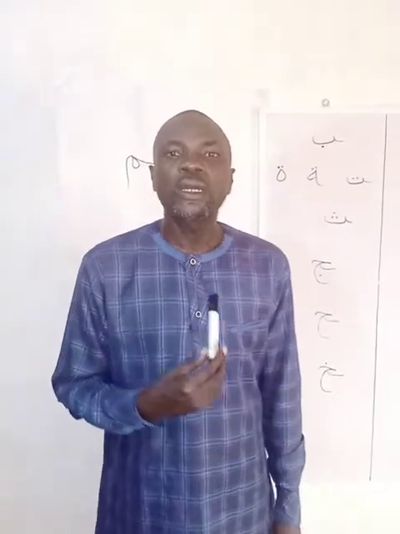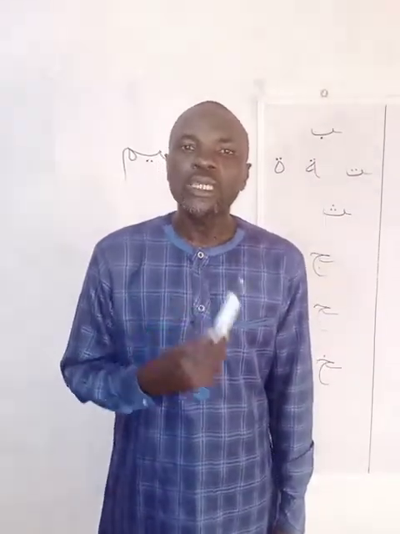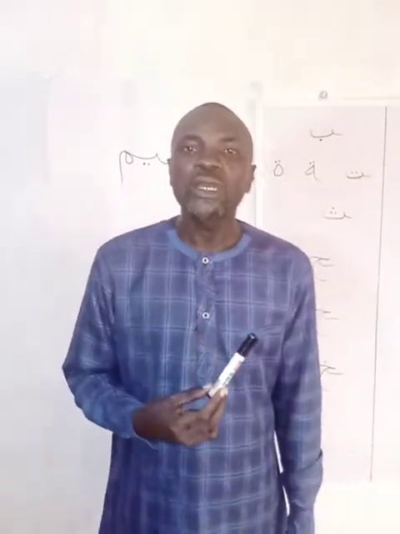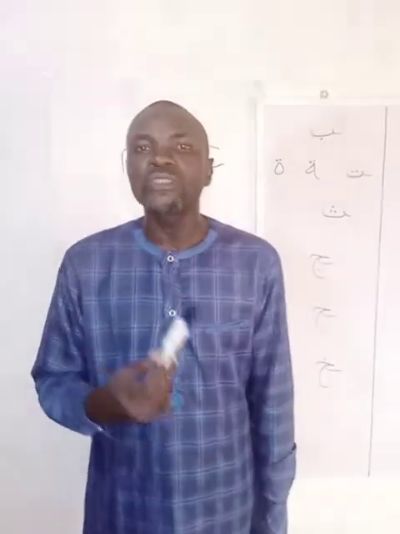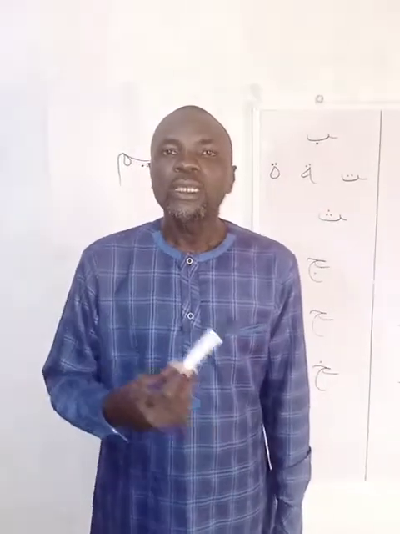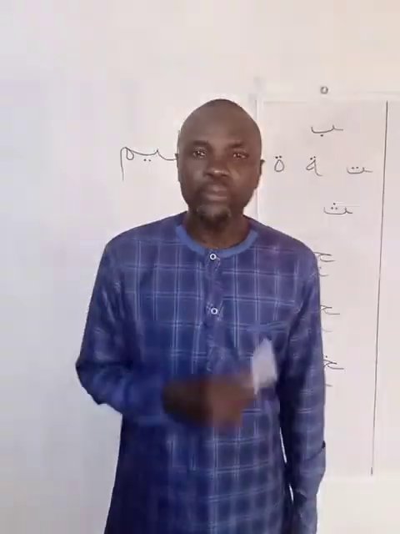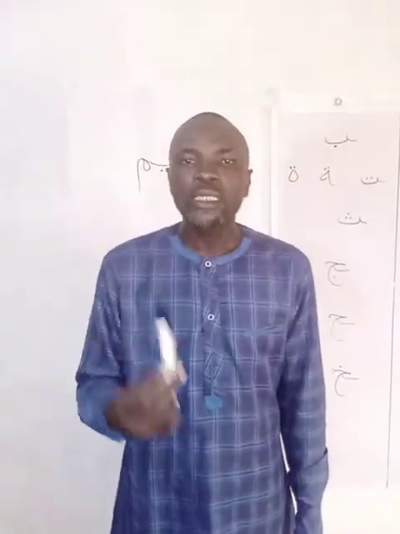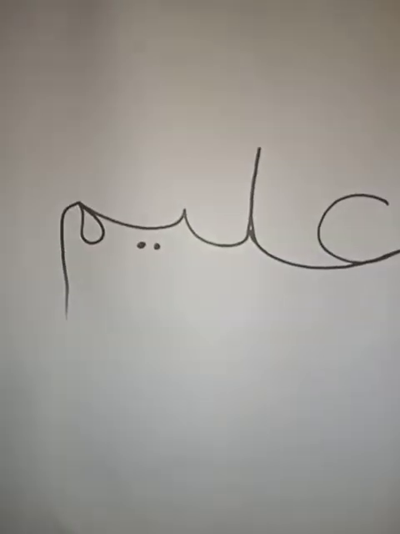But before we carefully look at each letter, for you to have sound knowledge of the joining of letters, let me give you a good example of how letters are joined together in a word. Now look at this.